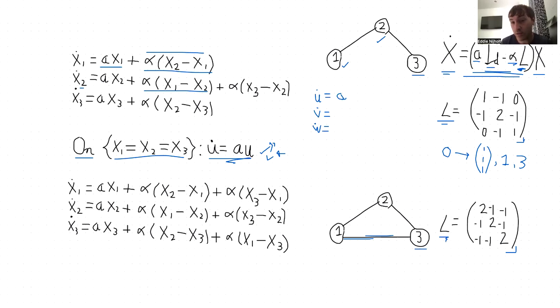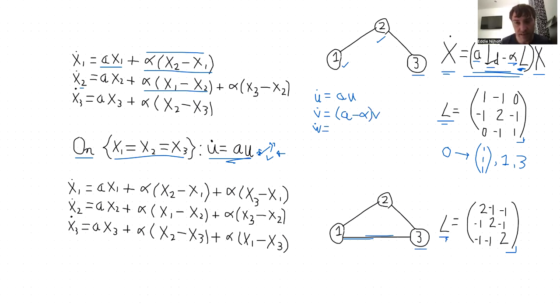So we just get u dot is a times u, which of course corresponds to this phenomenon. For v, we get a minus 1 times alpha, corresponding to that eigenvalue 1, so just times alpha v.